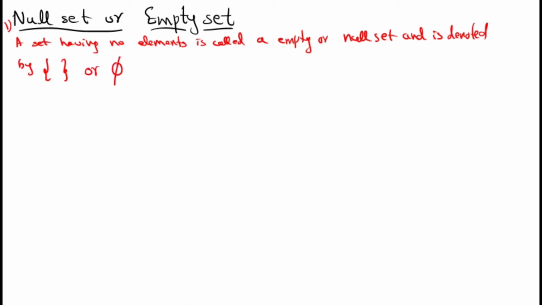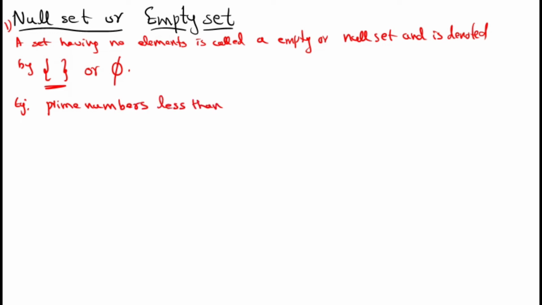This bracket without elements we call an empty set, or this symbol again represents the empty set. A set having no elements, no elements means it's empty, right? So we call it an empty set. For example, all prime numbers less than 2.